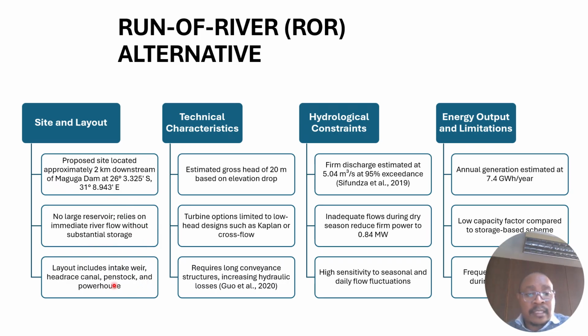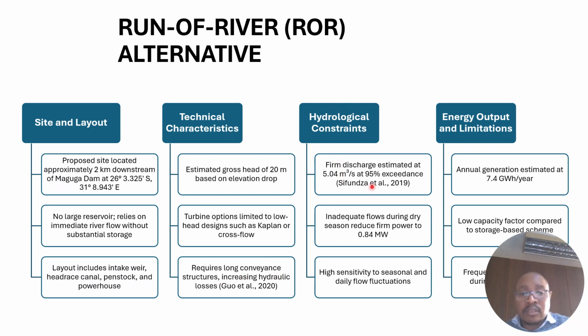The layout indicates an intake, a canal, the penstock, and the powerhouse. If you look at the technical characteristics, an estimated gross head of about 20 meters is based on the elevation drop, and the turbine options are limited to low-head designs such as the Kaplan or the crossflow. Now it requires a long conveyance structure, which increases the hydraulic losses.